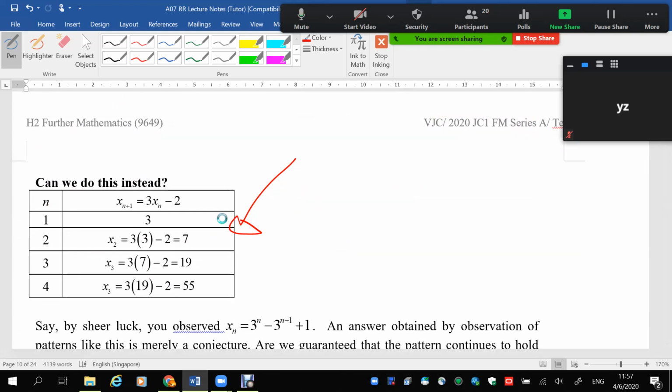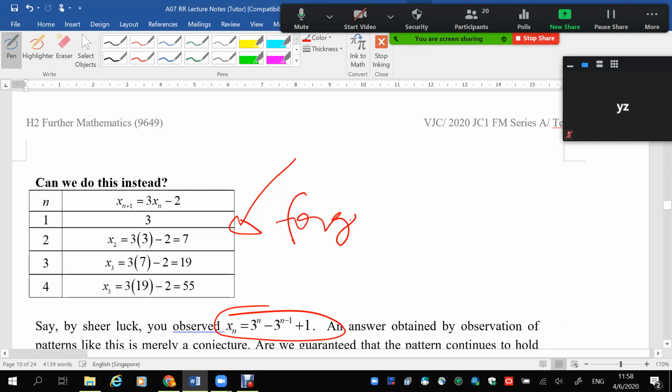But it's not going to work all the time. When you write out everything, some people can observe the pattern coming out, but this kind of method, please forget it. It will not work half the time, not half the time, all the time in the exam. The exam will never give you an expression that's so easy to do.